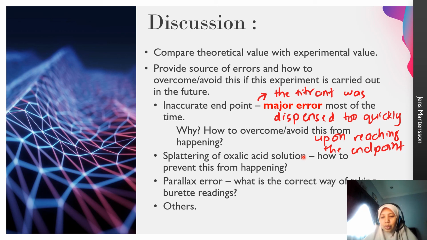Normally, you titrate slowly, drop by drop. One drop, stop and rinse the inner wall of the conical flask. Then dispense another drop, stop and rinse. That is how careful you must be. So titrate drop by drop, very slowly upon reaching the endpoint.